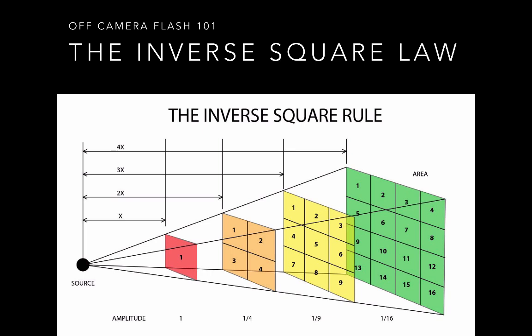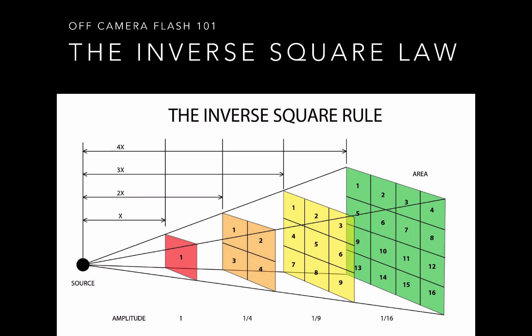The inverse square rule basically is meant to describe how the distance from the light to the subject changes the intensity of the light. You would think if you've got a light 1 foot away from a subject and you move that light back to 2 feet away, because you've doubled the distance, you'd cut it in half. In reality, you've cut it to 1/4 the power. And this graph does a really good job of showing that.